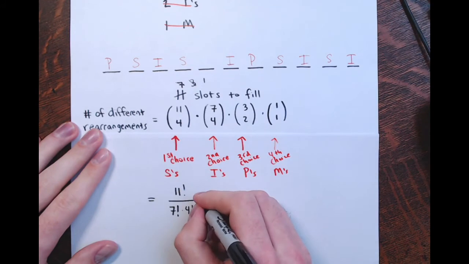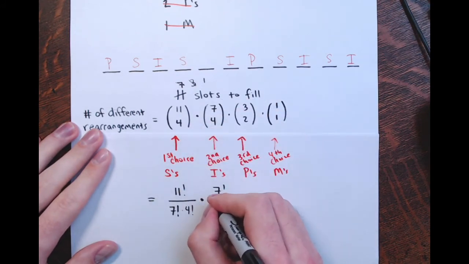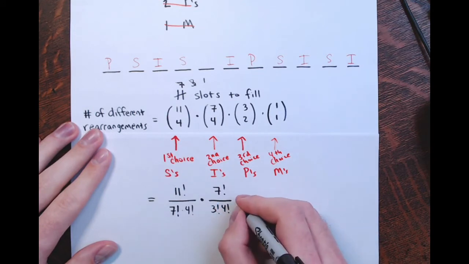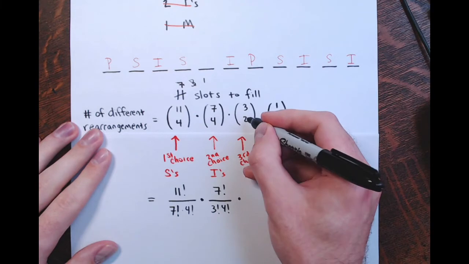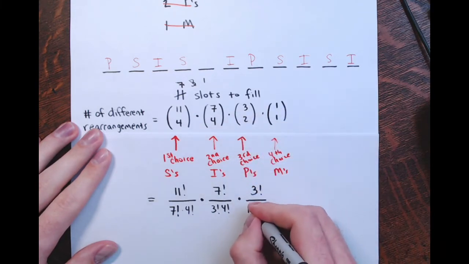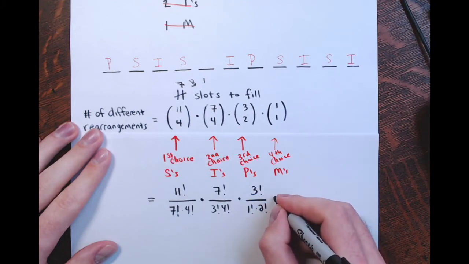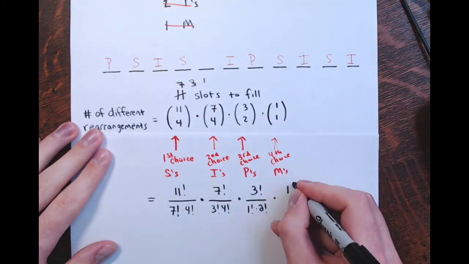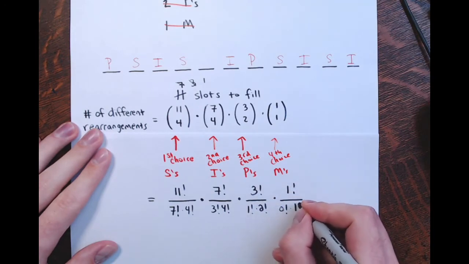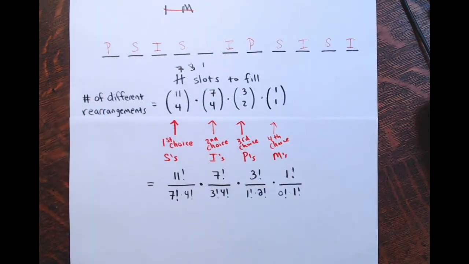Times 7 choose 4, which would be 7 factorial divided by 3 factorial times 4 factorial. Then 3 choose 2 would be 3 factorial divided by 1 factorial times 2 factorial. And then 1 choose 1 would be 1 factorial divided by 0 factorial times 1 factorial. Just using the combination formula that you saw in a previous section.